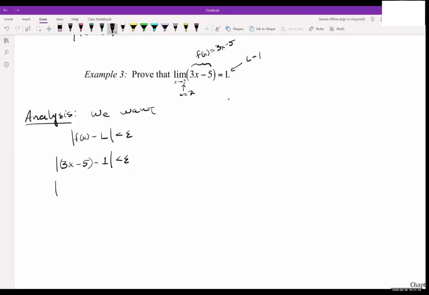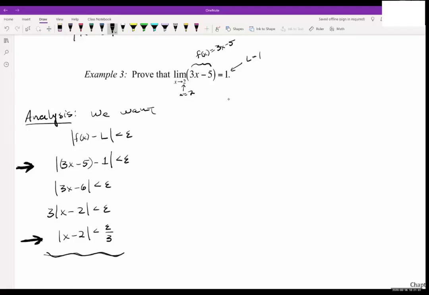And so this, of course, becomes |3x - 6| < epsilon. And then we factor out a 3, and we divide. And again, what we've done is this inequality here is equivalent to this inequality there, right? We just did algebra, but they are equivalent statements. And so what we're saying is whenever this is true, which says the distance between x and 2 is less than a third of epsilon, then this will also be true, which is the thing I want to show.